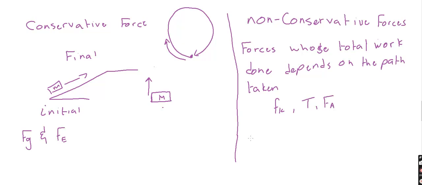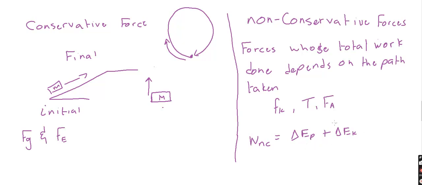It says that work done by a non-conservative force is equal to the change in gravitational potential energy plus the change in kinetic energy. So basically it is the change in mechanical energy that is equal to the work done by a non-conservative force.